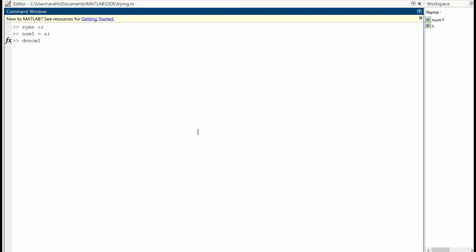Then for the denominator, here we have already declared the first equation.